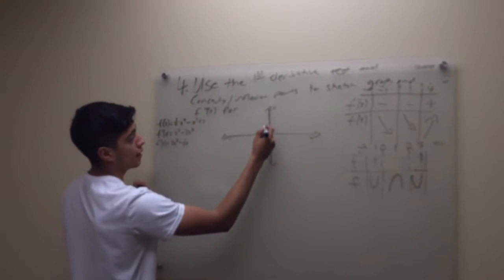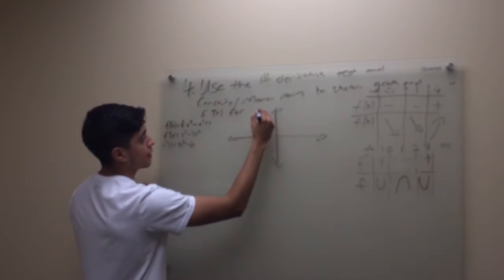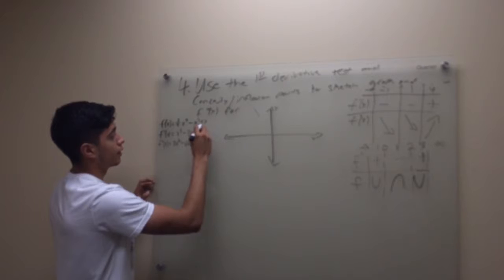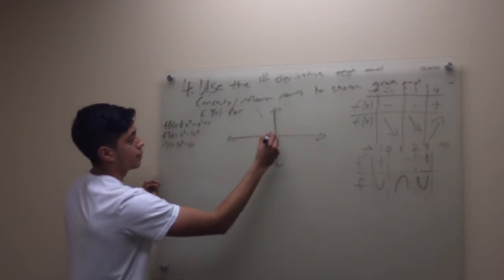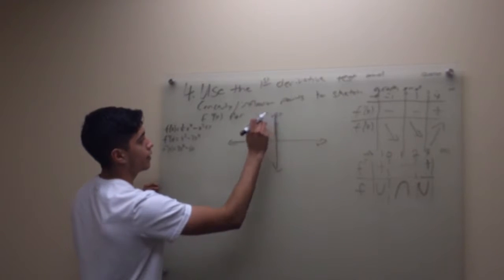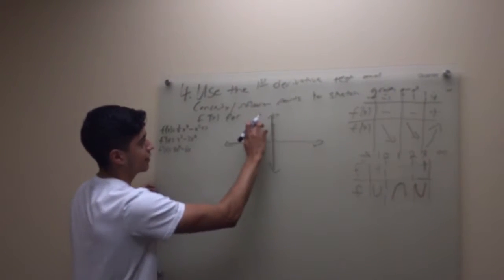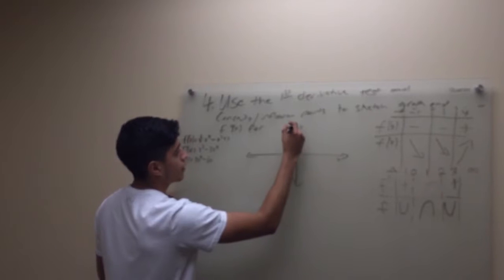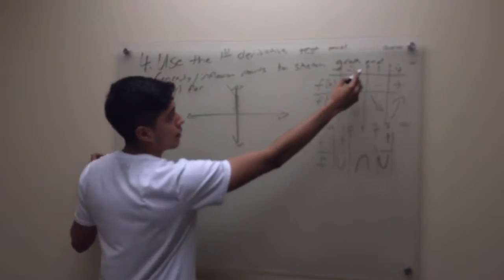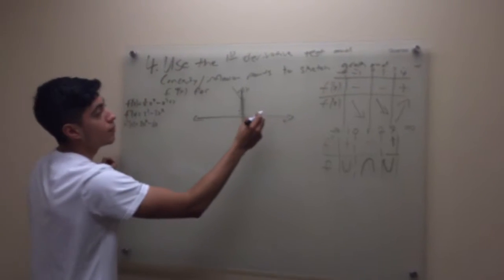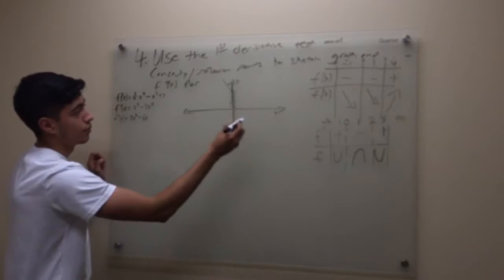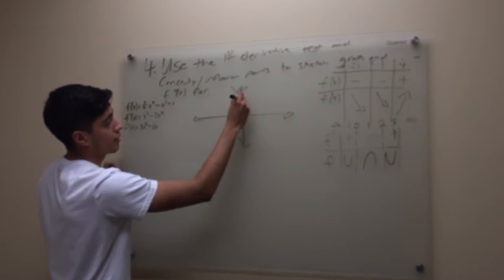So the graph is going to be coming down from over here. We also know that the y-intercept is 7, so 2, 3, 4, 5, 6, 7. I'm going to have to erase this. But here's 7, so it's going to come down. And we also know that 0 is an inflection point, so the concavity is going to be changing.